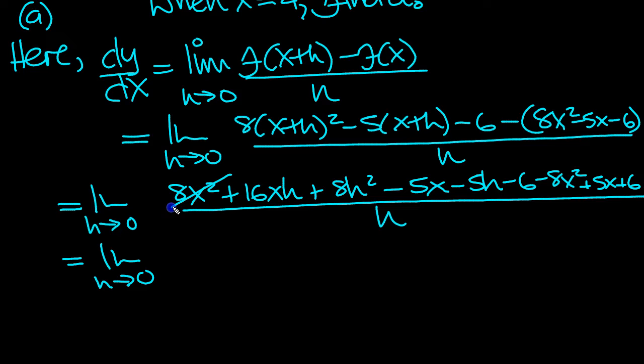Now the 8x squareds cancel here and here, the 5x cancels here and here, the 6 cancels also.